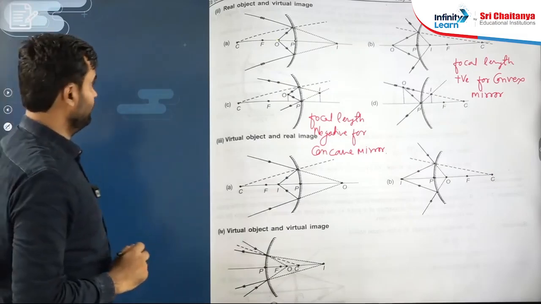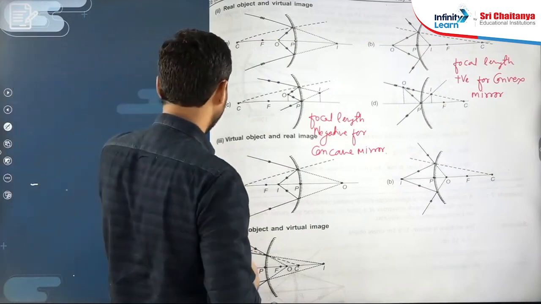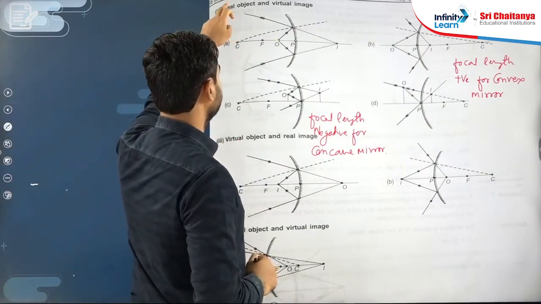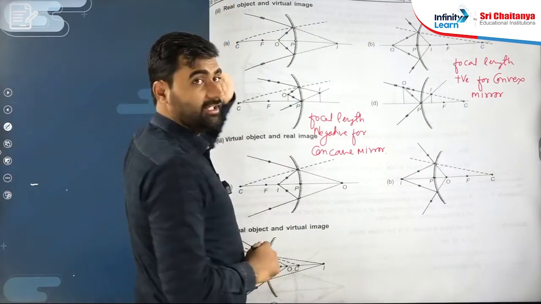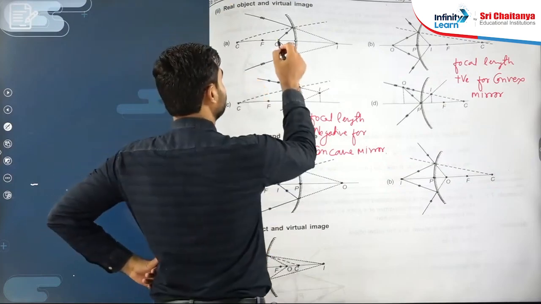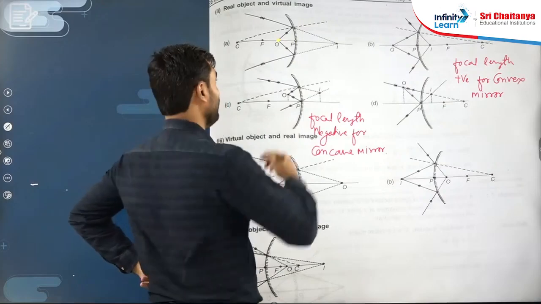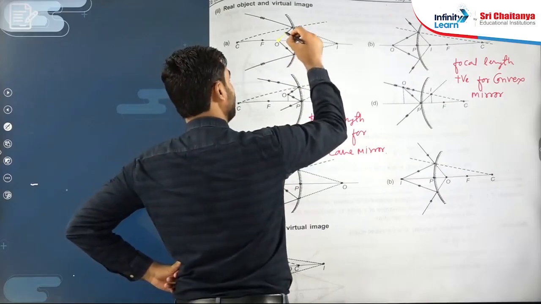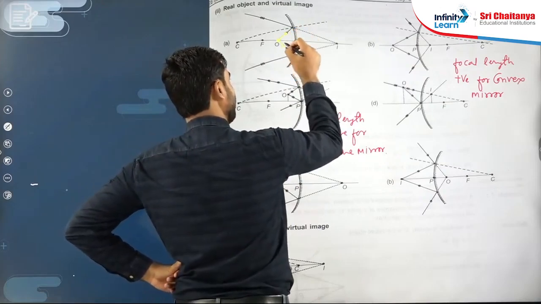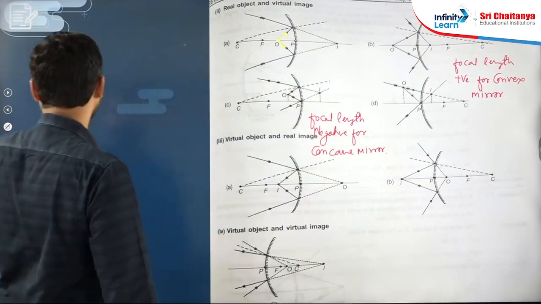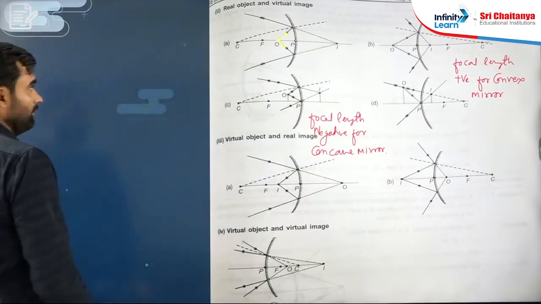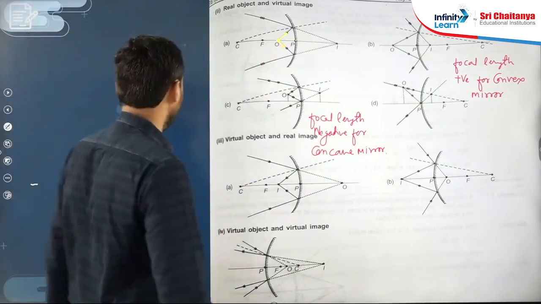And we can see here virtual object, real object. Here they have taken a real object, so you can see this is the real object. Now rays are diverging from it. First ray this one, second ray this one, rays are diverging. Agree or not? So this is the real object.